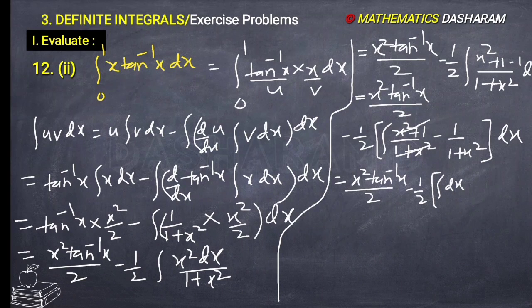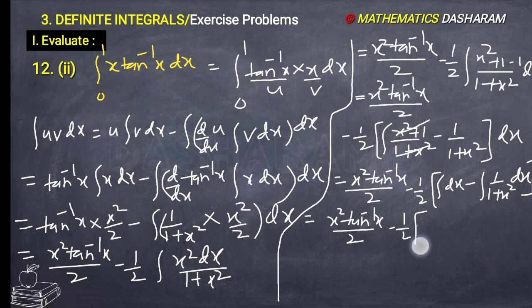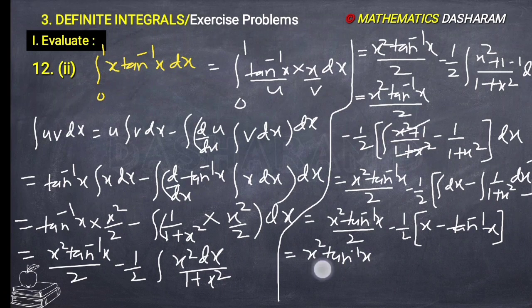So it is equal to x² tan⁻¹x divided by 2 − 1/2 [∫dx is just x, and the integration of 1/(1+x²) is tan⁻¹x]. Now multiply the −1/2 inside, so x² tan⁻¹x divided by 2 − x/2, minus into minus plus tan⁻¹x/2.